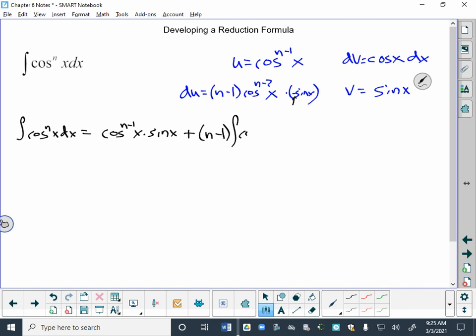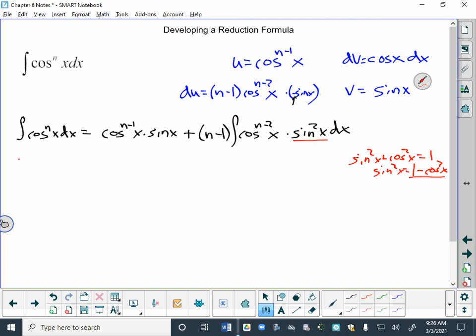And we would have a cosine to the n minus 2 x, and sine x times sine x is a sine squared x dx. And this is where we're going to employ our Pythagorean identity that says sine squared x plus cosine squared x is equal to 1, and so sine squared x is the same thing as 1 minus cosine squared x, and we're going to substitute that right there.